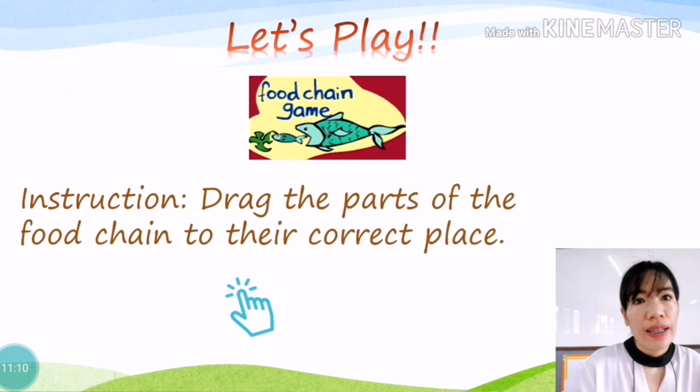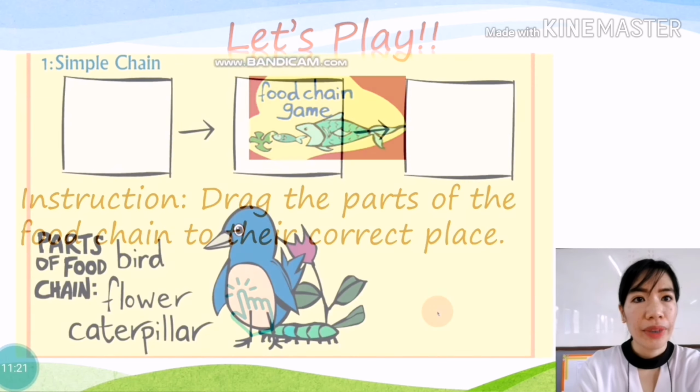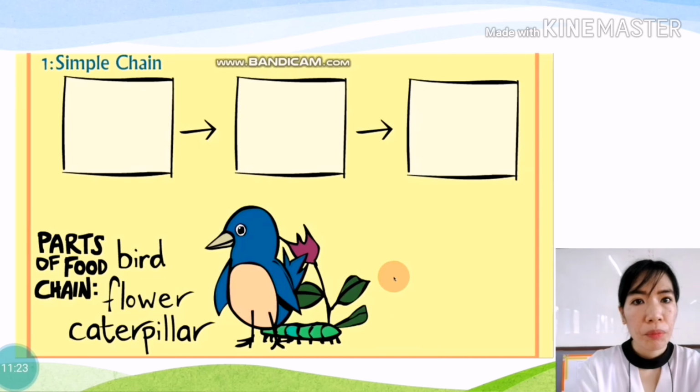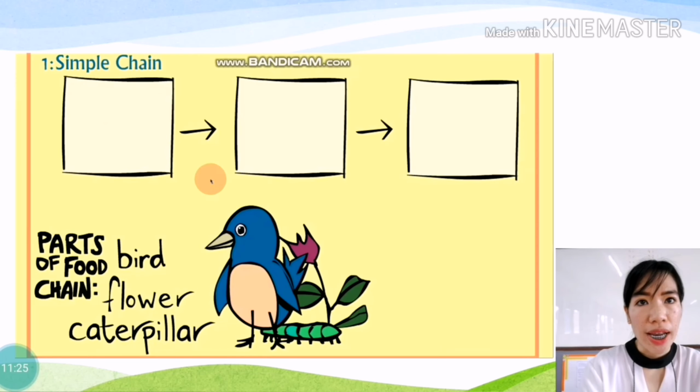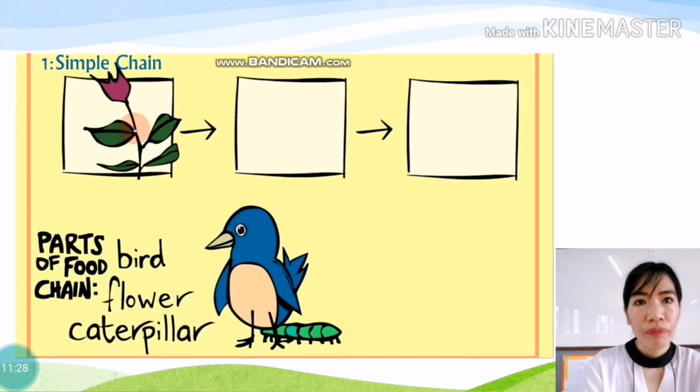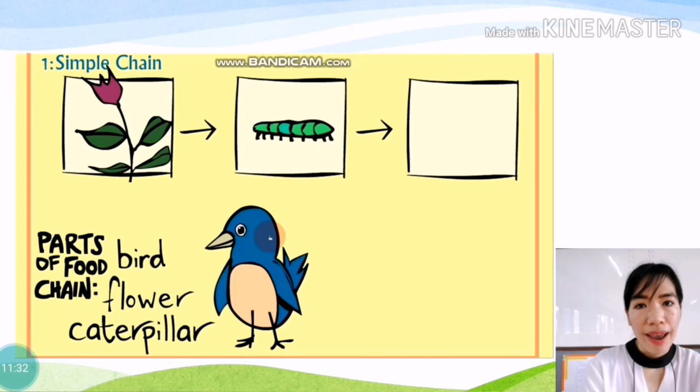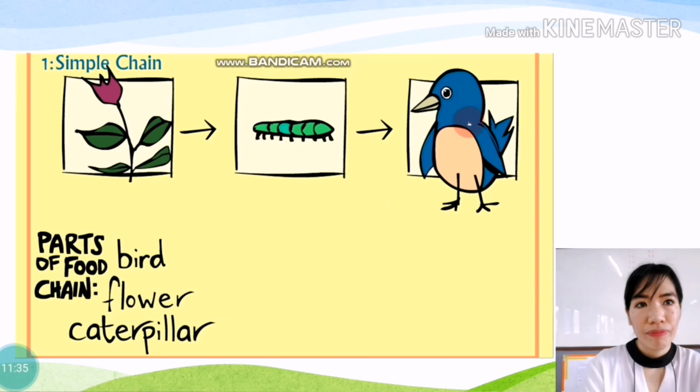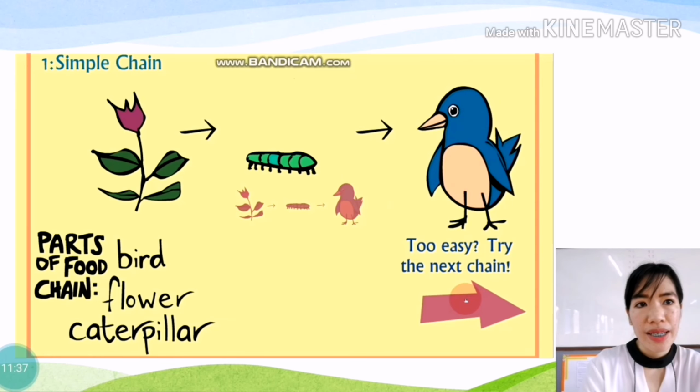Instruction: drag the parts of the food chain to their correct place. Let's start. A simple chain. We have here the flower, caterpillar, and bird. Too easy.